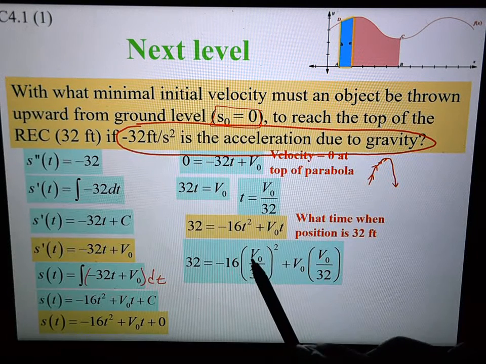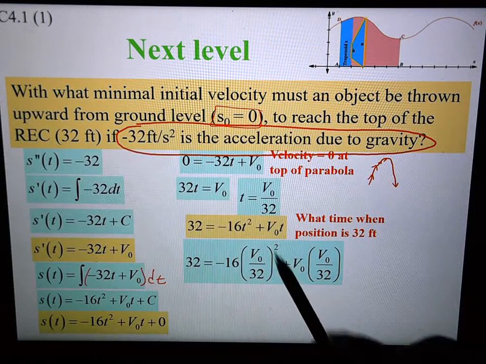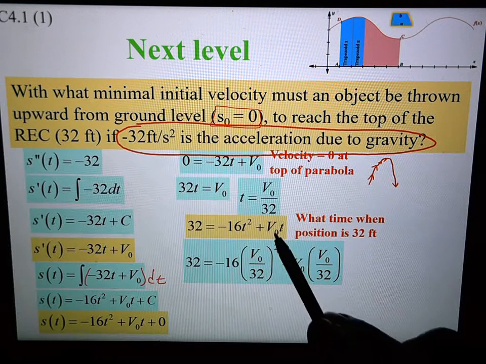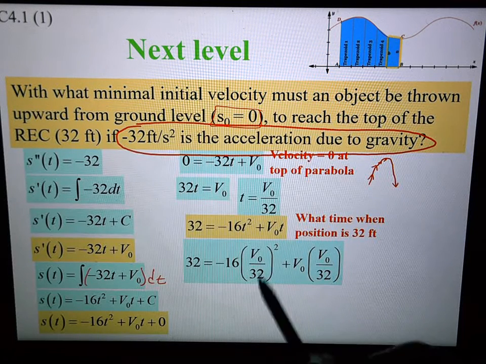Negative 16 times v naught over 32, squared, plus v sub 0 times v sub 0 over 32. It looks like I'm going nowhere, but trust me, it is getting better. It really is. Square it.